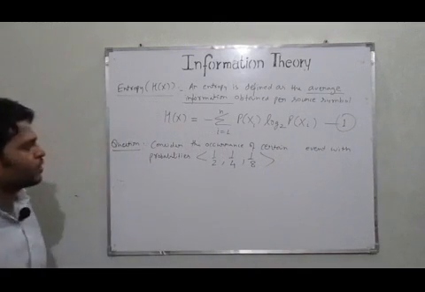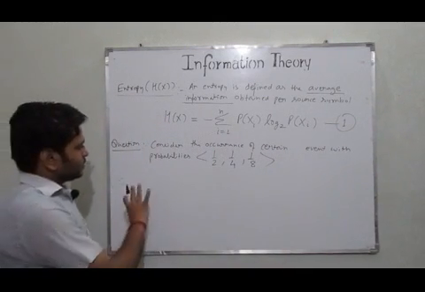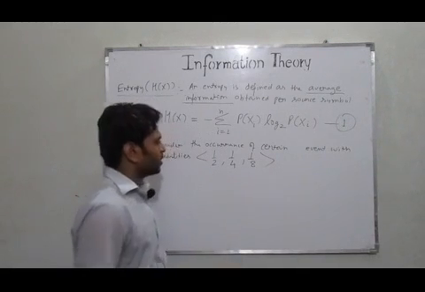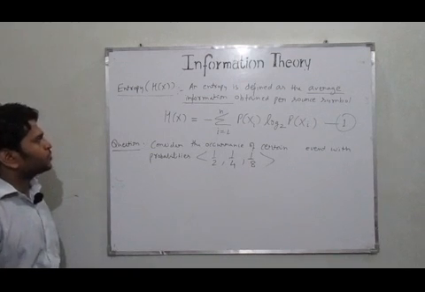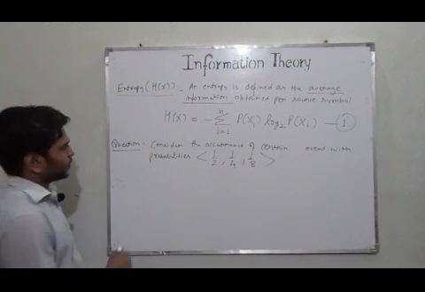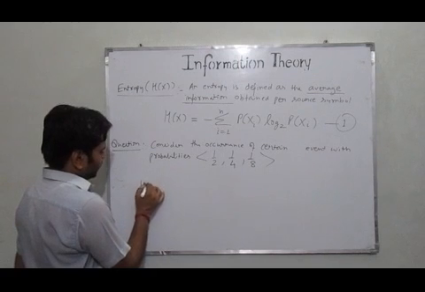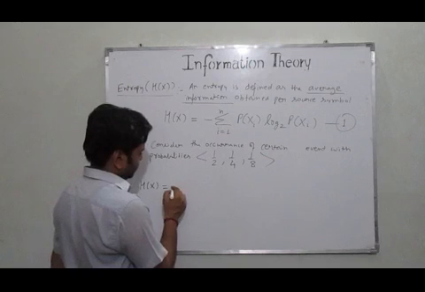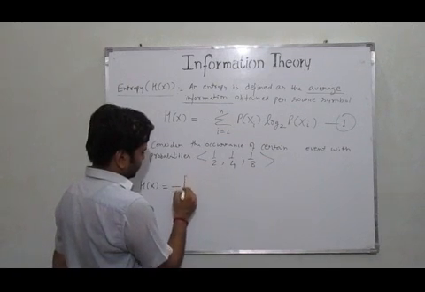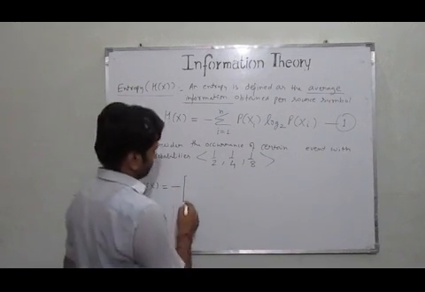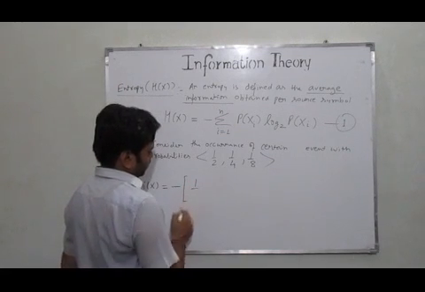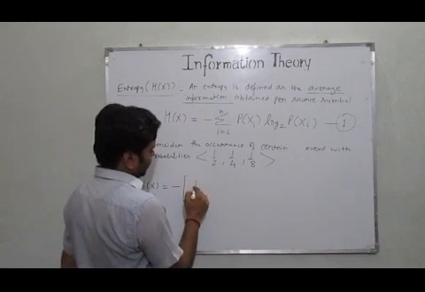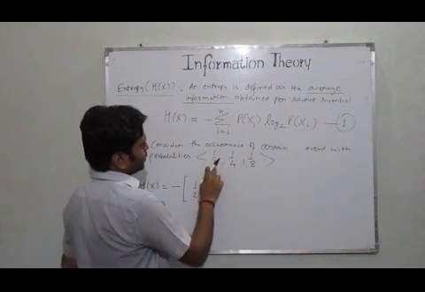There is a situation of occurrence of a certain event with some set of probabilities, that is 1 by 2, 1 by 4 and 1 by 8. Then how can we solve this question using the entropy formula? Using the entropy relation, we can simply have the relation where we have the probability of occurrence of the first event.